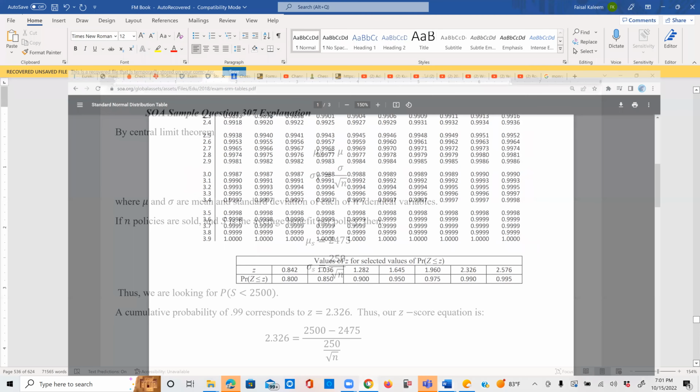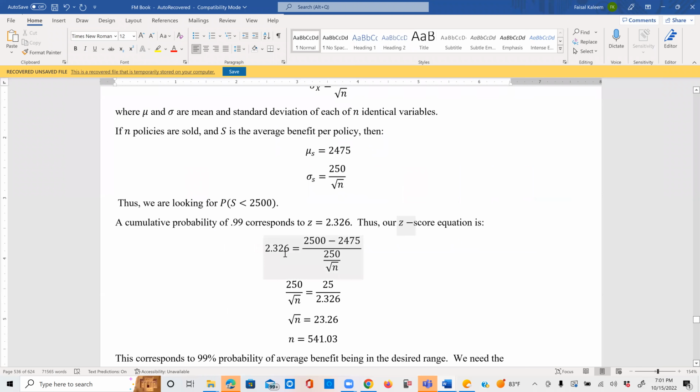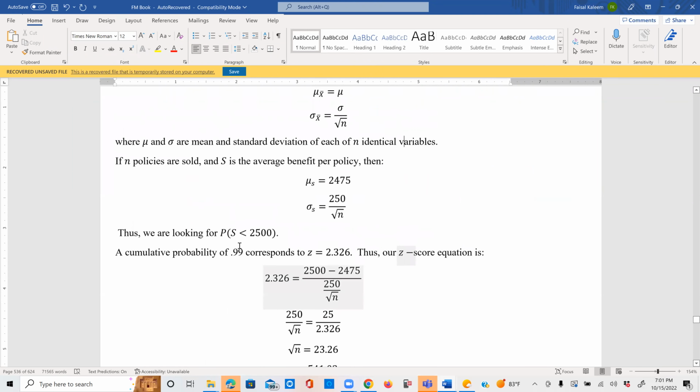z is 2.326. Remember, we're looking for the probability of being less than or equal to 2500 to be at least 0.99.